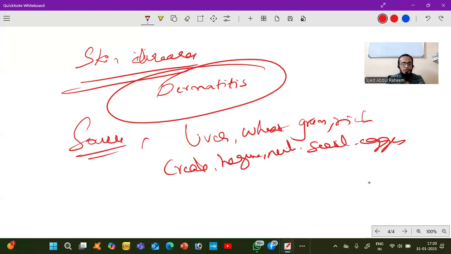And another thing I want to discuss: in the older days, mostly in Unani, there is a saying that whichever organ is affected, for example if the kidneys are affected, in the olden days the hakim would tell the patient to eat kidneys of the animal.